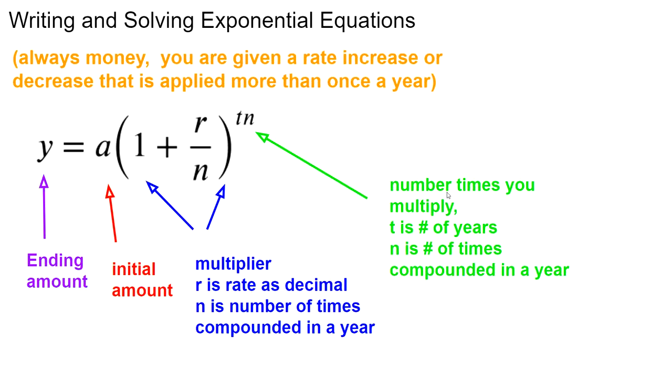Well, think about it. If we did it for 2 years, but we did it quarterly, well, that means we did it 4 times every year for 2 years. That's going to be 4 times 2, or 8. And that's how we got to multiply the number of years by the number of times we compound in a year. Anyway, it'll make a little bit more sense if we do an example.